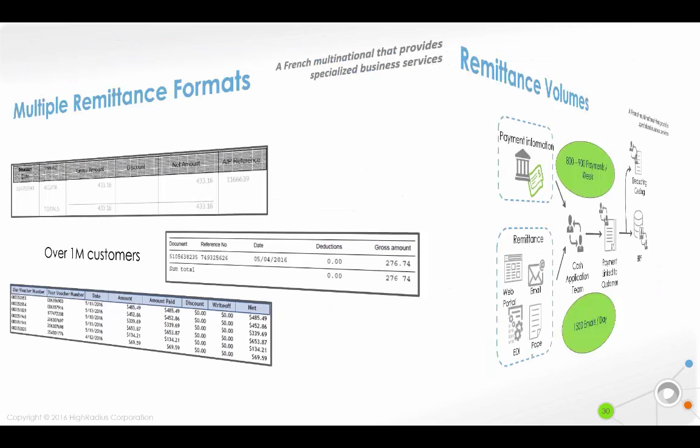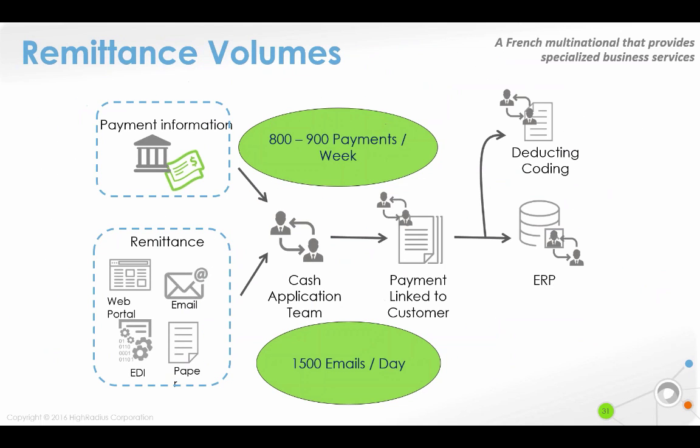So the problem was that their team had to spend so much time. They were processing manually 800 to 900 payments a week, and they were getting something in excess of 1,500 emails a day with these million clients. So you can understand how manually intensive this process was.